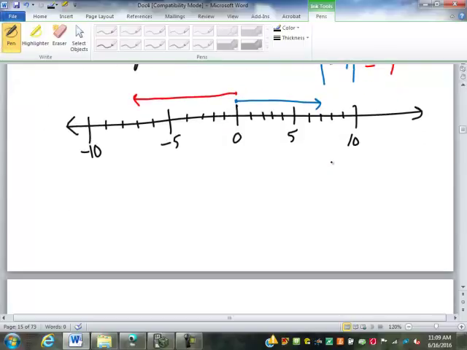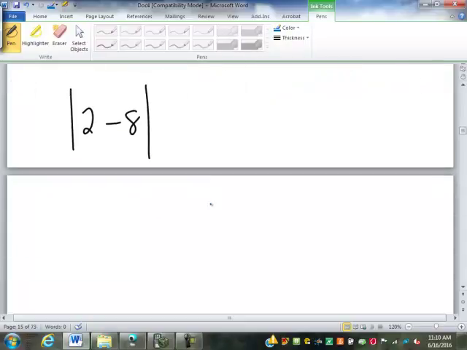This absolute value symbol is actually another form of enclosing symbol. So I can have something like this, the absolute value of 2 minus 8. Inside there, what is 2 minus 8? Negative 6. Now that I've reduced what's inside that absolute value, inside my enclosing symbol, to a single number, I can take away the enclosing symbol, just like I did with parentheses.